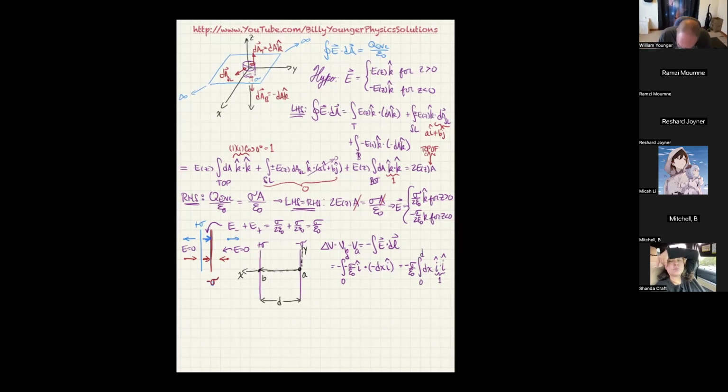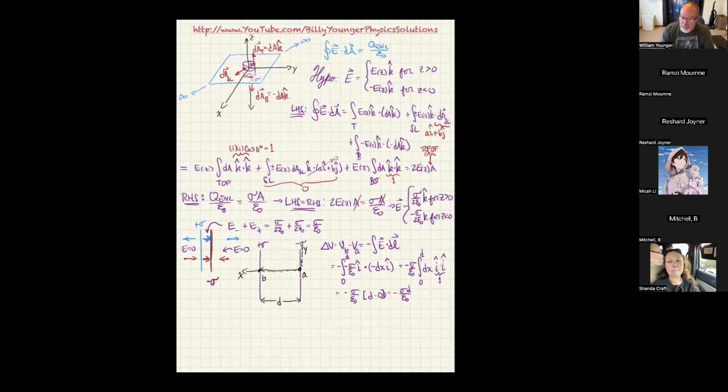Now in this case, I'm going to come out with a negative voltage, but it's okay. As I told you before, it doesn't matter if you get a negative voltage, just change the sign and go with it. So we're going to get negative sigma over epsilon naught times d minus 0, which is negative sigma d over epsilon naught. So that's the actual voltage difference, minus the sign.